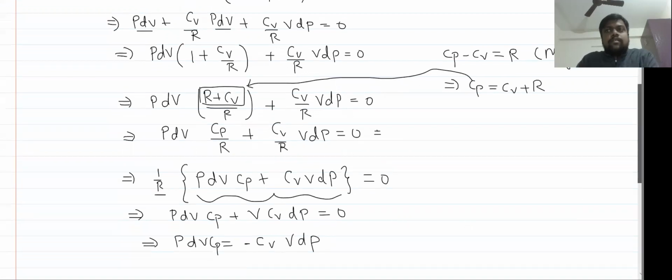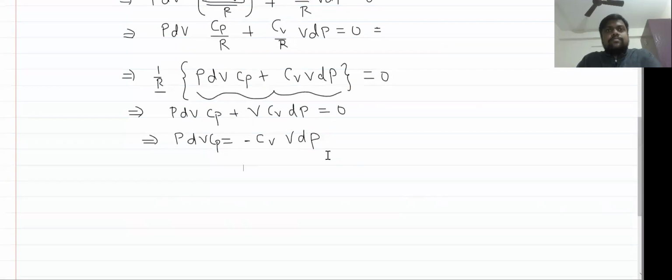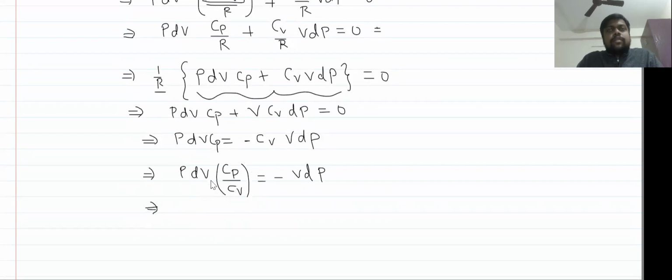Now further, when we write this, you can bring this Cv to the left-hand side, we will get Cp by Cv equal to minus of Vdp. Cp by Cv you can write as gamma. This is just the adiabatic ratio or specific heat ratio. So Vdv will be gamma equal to minus of PdV, gamma into Vdp.